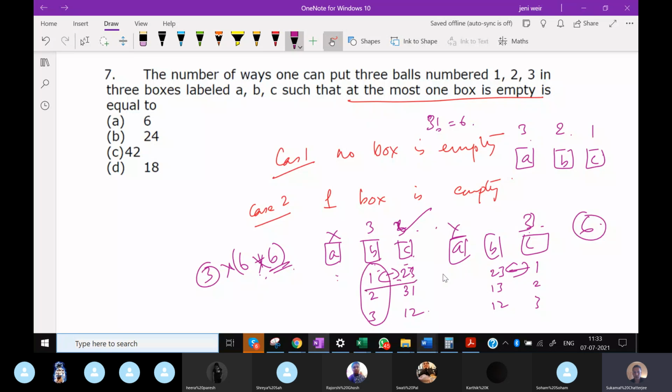So if this is one combination, this is the other combination, right? So this would be 3 into 6, which is 18. Sorry, 3 into 6, 18, plus 6, which is 24.